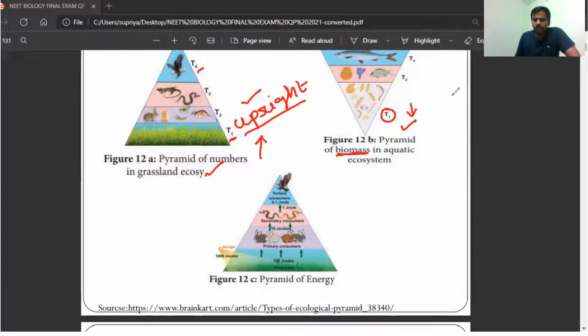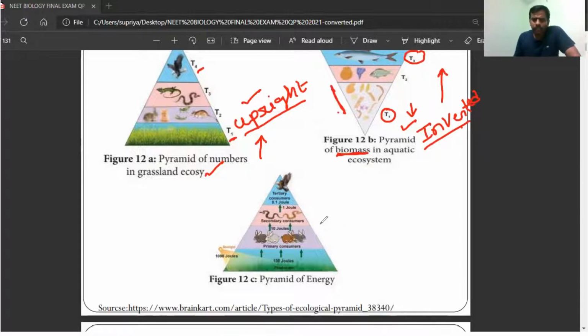When you go from the bottom to the top, from the primary or T1 to T3, the biomass increases. So in this pyramid, it is an inverted pyramid. In aquatic ecosystems, the biomass pyramid is inverted.